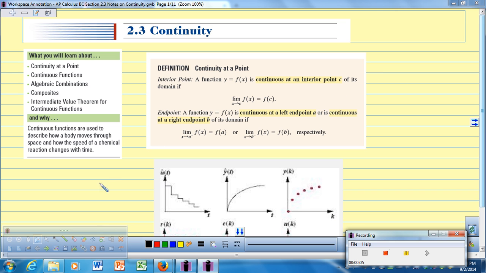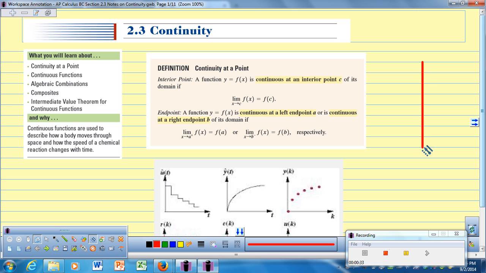Here we have continuity at a point, starting with an interior point on an interval. So let's think about an interval from A to B, and let's say it looks something like this.